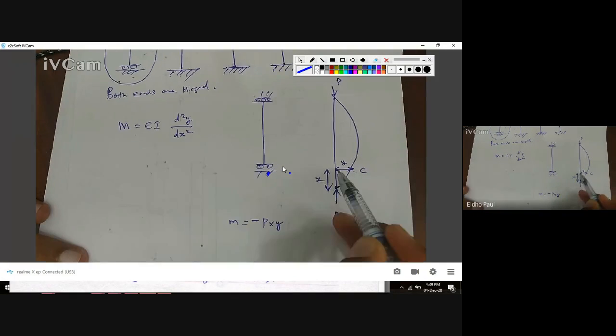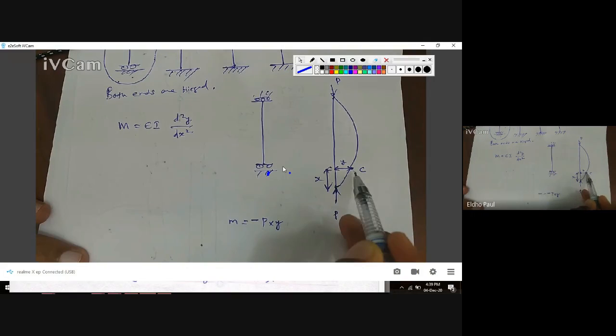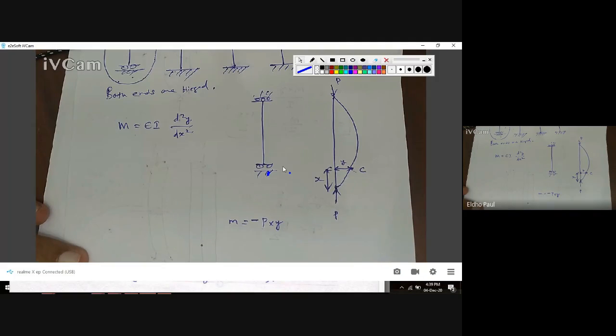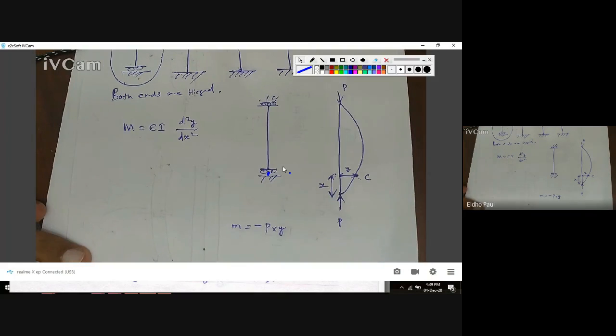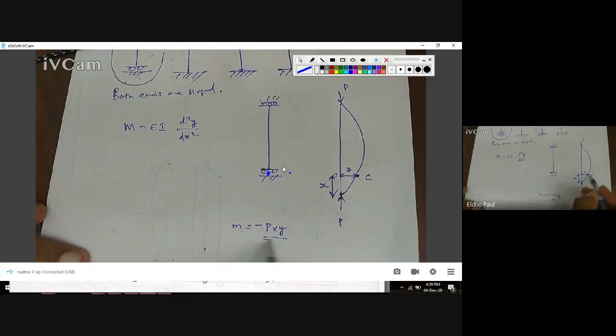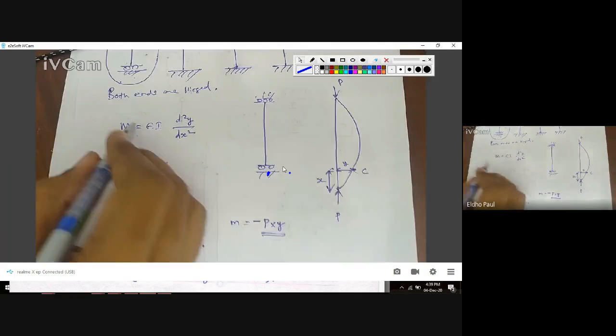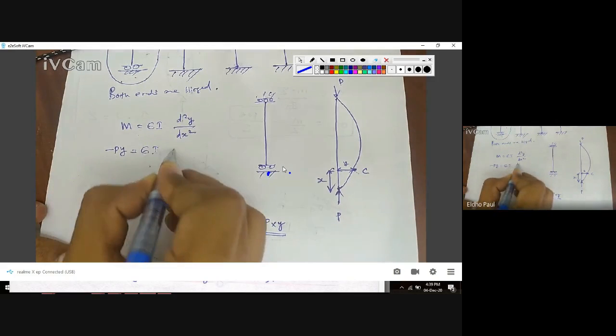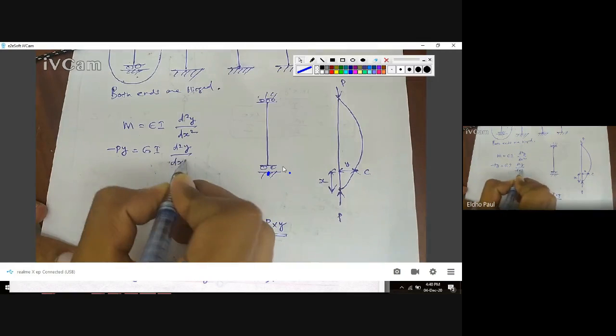Here this point C is deflected by an amount y. So this y is the deflection. EI is the flexural rigidity, Young's modulus and the moment of inertia. M is the bending moment. So here we calculate the bending moment at the point C. So we can substitute in this equation: minus Py equal to EI into d square y by dx square.